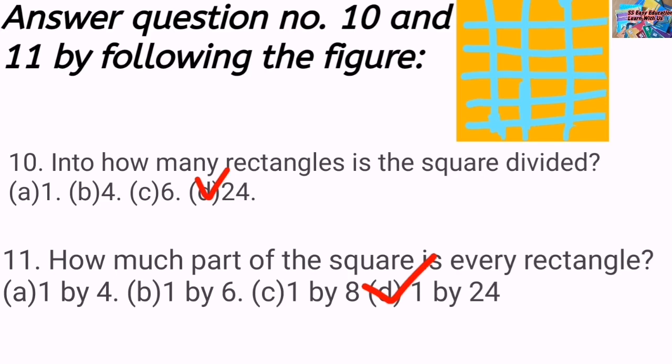The answer is 1 by 24 because we know there are 24 rectangles in the square. So it's super duper easy. You don't have to even count or do any rough. As you can see, math is so easy. That's why it is my favorite subject. There are so many fun things to do in maths and I love solving.